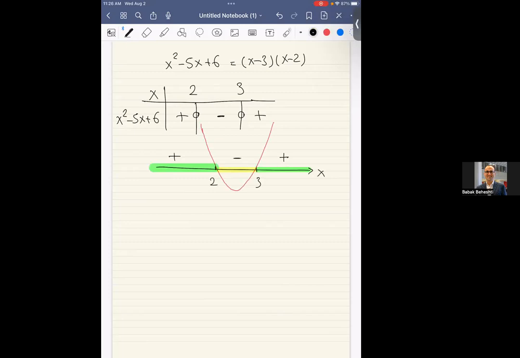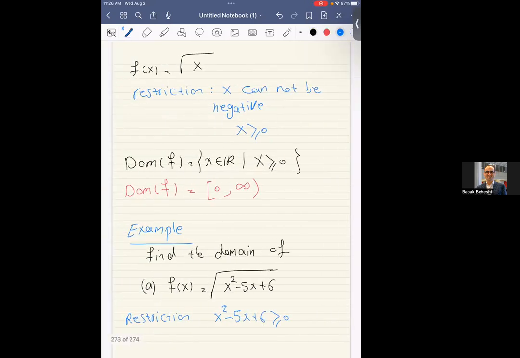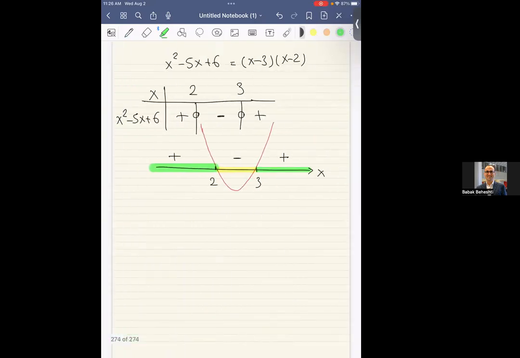Now, what is the domain? Put this together. For the domain, you have to solve the restriction. The restriction is that x squared minus 5x plus 6 must be greater than or equal to 0. So you are looking for this region and this region, right? The answer is x must be either less than or equal to 2 or greater than or equal to 3.